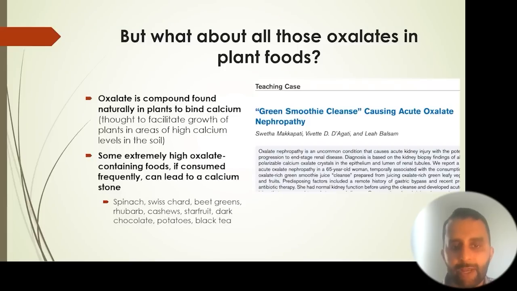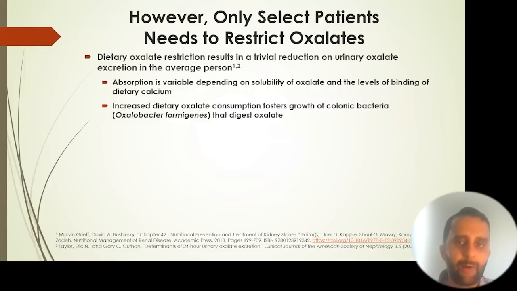And certainly, if you ate all those foods and you had a couple other risk factors, you could develop a kidney stone that way. But there is more to it than that, and recent evidence suggests that restricting the amount of oxalate does not necessarily reduce the amount of oxalate in the urine.